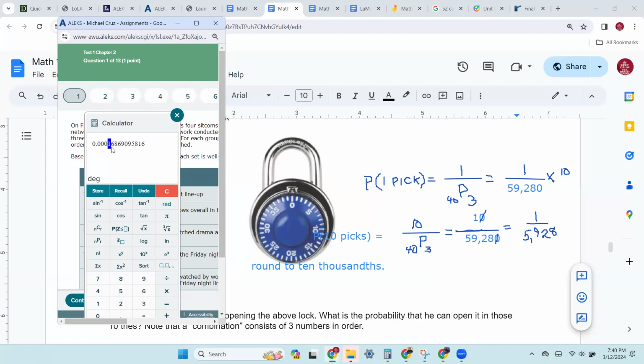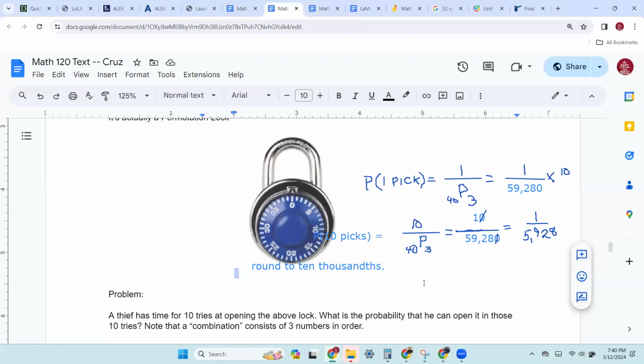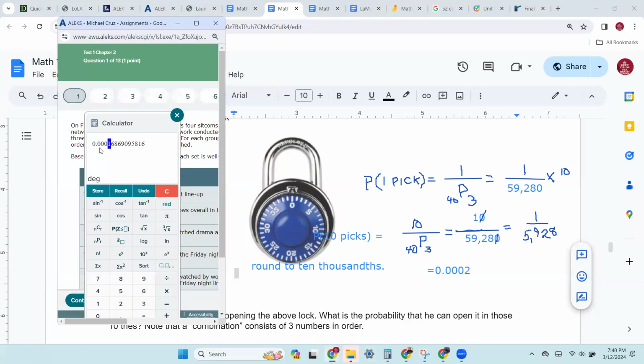It's going to stay if the number immediately to the right is below 5. It's not. That means we bump this up to 2. Make sure I got it right. So there's 3 zeros, and the 1 gets bumped up to a 2 courtesy of the 6.